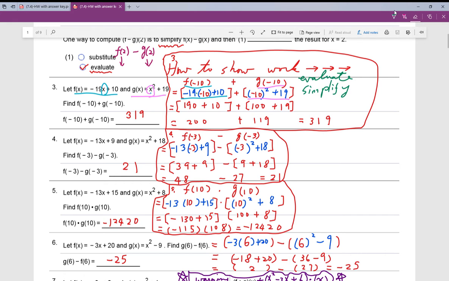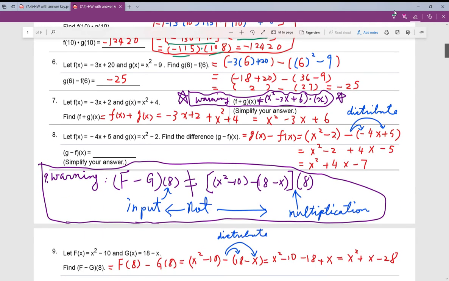Number 5, this is the same thing, but this time it is multiplication. So for multiplication, you want to calculate the f function, and then calculate the g function separately, and after that multiply. You are allowed to use a calculator to help you with the calculations.